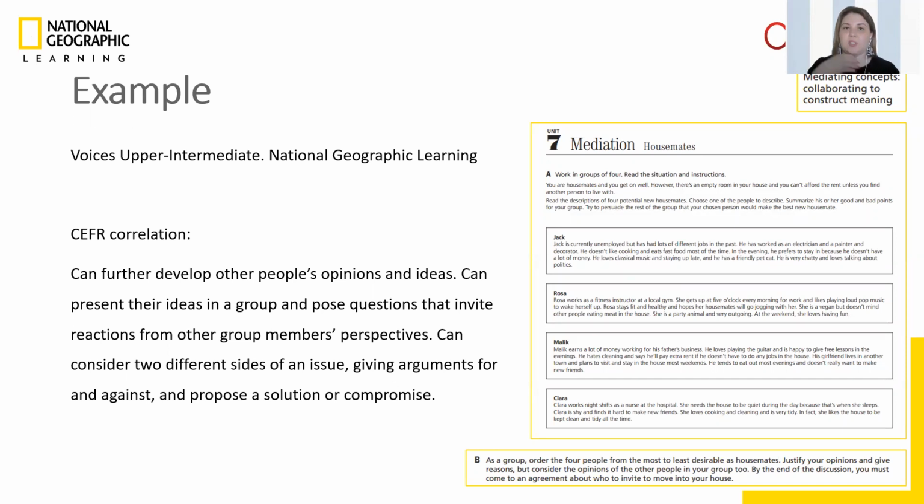Both expect some reaction: maintain the conversation, ask for opinions, listen to the opinions, provide your opinion, and also try to convince people that your opinion is right. They should also be able to consider two different sides of an issue, giving arguments for and against, and propose a solution or compromise.